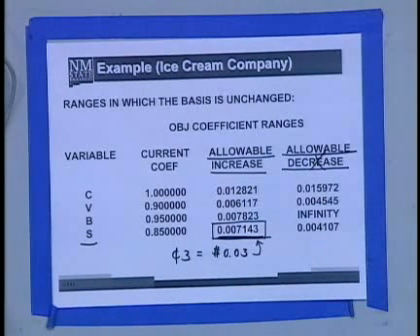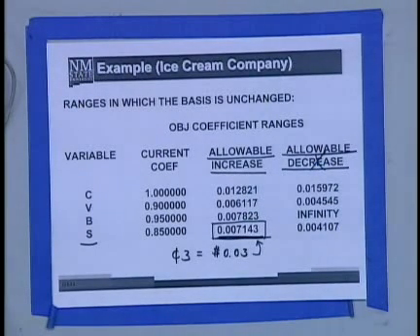And the optimal objective coefficient ranges, which means the basis will change, right? And it seems clear that the basis change would result in an increase in the production of strawberry ice cream, okay? Because it will give you more unit profit than before.